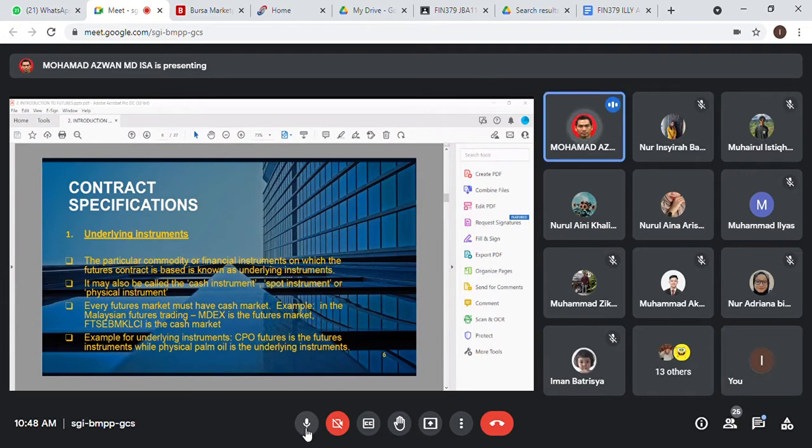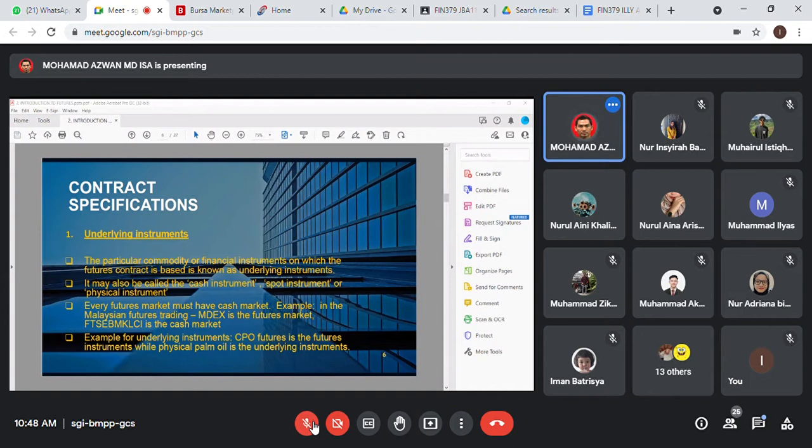Depend on the month. Okay, kalau Oktober contract hari tu, kalau last Oktober yang baru ni kan, Oktober FKLI, 31st Oktober, hari kerja ke hari cuti? Okay, so tak boleh jadi maturity date. Tak boleh jadi last trading day for October FKLI. So dia akan tarik ke the day before.